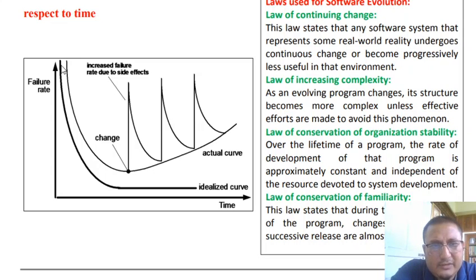The second reason may be that a software system is not capable of working in the client's environment. Very true, right? Because till now the software system was developed in the developer's environment, and post delivery it's placed in the client's environment, so it's not capable of adapting to client's environment.